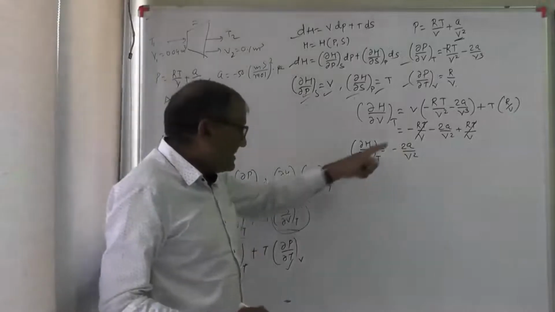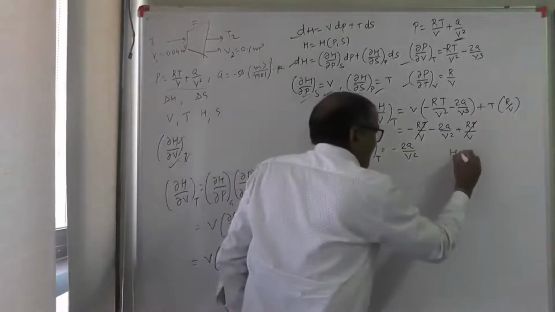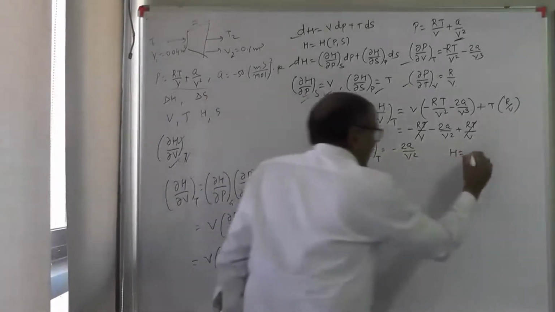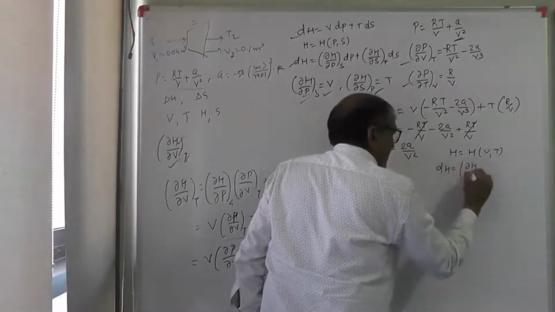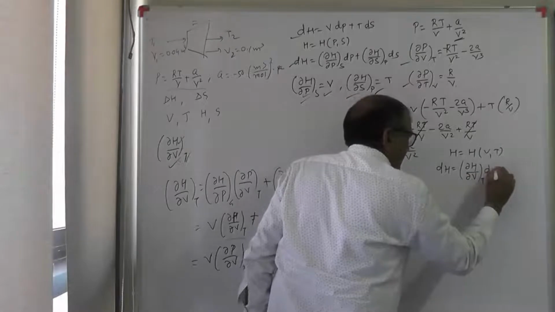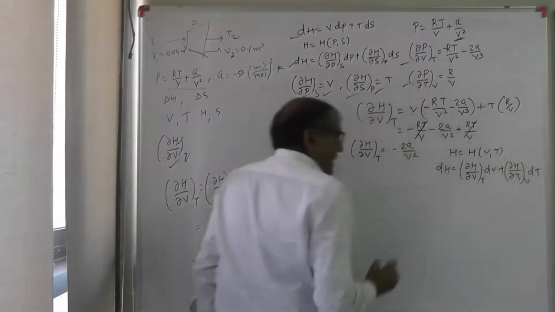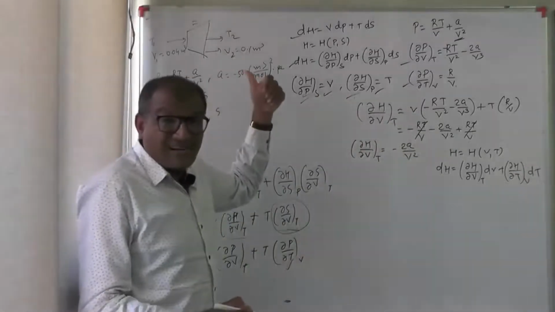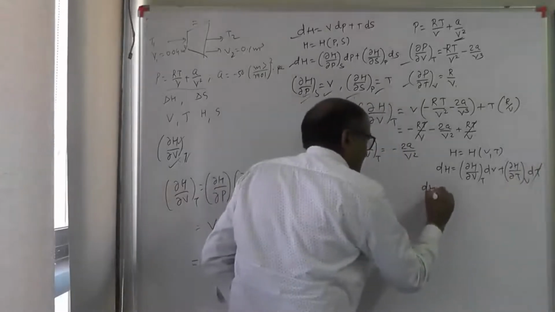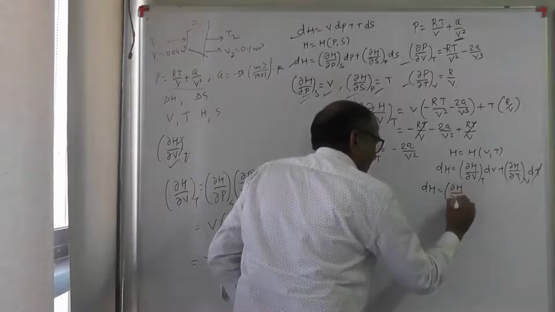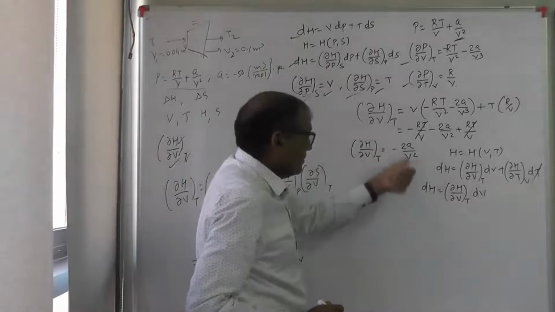Now this is measurable. Here I can again write H as a function of two variables V and T. I can write dH equal to del H over del V at constant temperature plus del H over del T at constant volume, and this process is isothermal, so this would be 0 and the ultimate equation would be del H over del V at constant temperature dV, and I can insert the value of this one here.